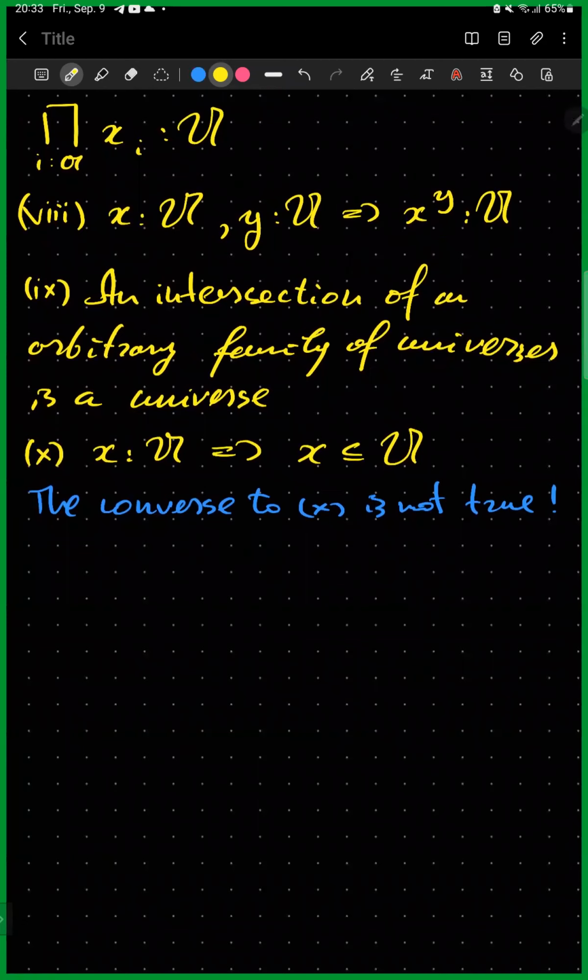Okay, so note that the axiom star, which said that each set belongs to some universe, implies that first of all, universes exist. But moreover, each universe has a successor.